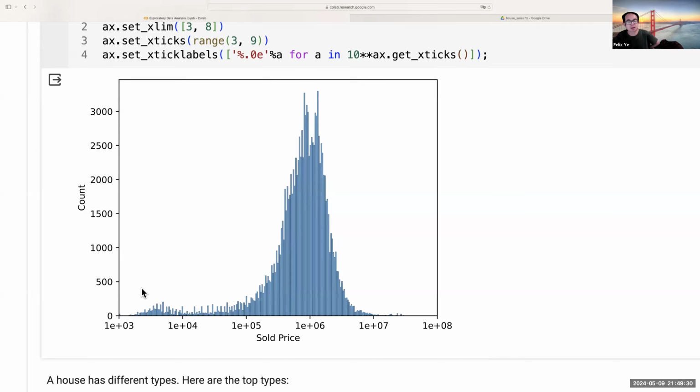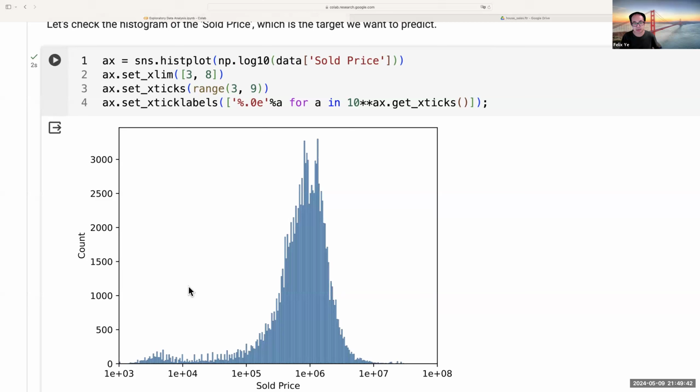However, there's some weird peak right here around 10 to the 3 to 10 to the 4th, which doesn't make much sense, right? Because a house shouldn't be sold for a couple thousand or even 10,000. The most likely reason we have this little peak is that when someone entered the entries, they might have mixed up the rental price and the sold price. They might have listed the rental price, which is a couple thousand per month, as the sold price.